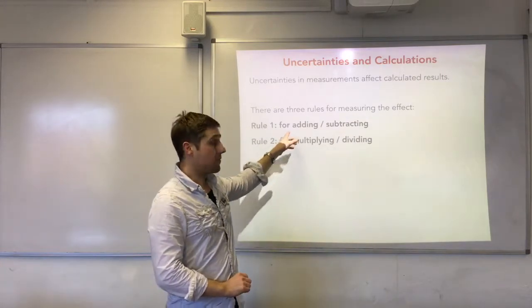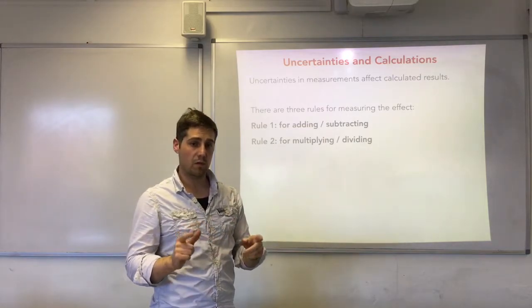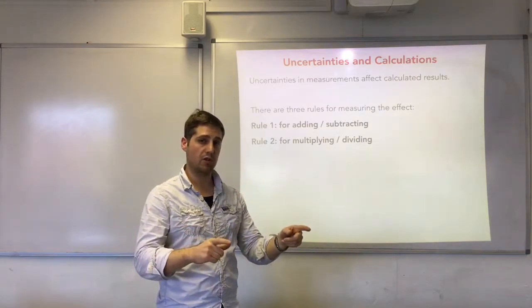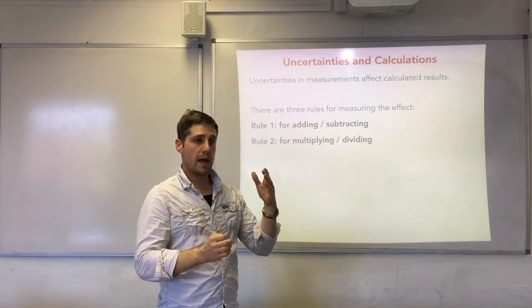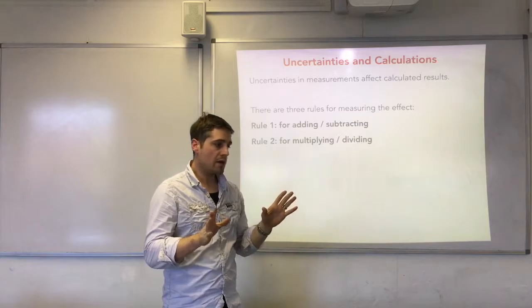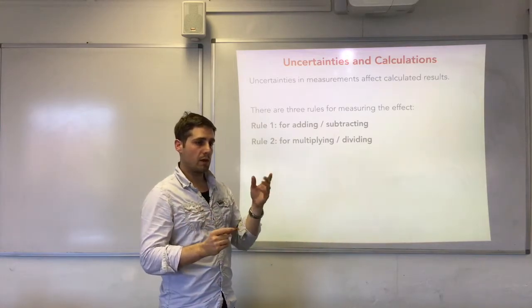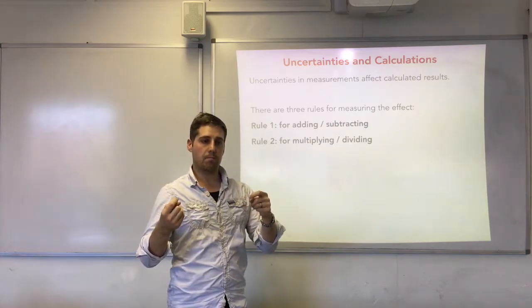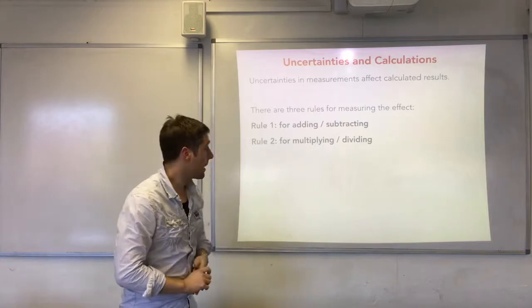And I should say for adding or subtracting, you're going to be using values of the same type there. So you'd be using 2 lengths, 2 temperatures, 2 diameters, for example. So they will be measurements of the same type. You wouldn't subtract a diameter from a temperature, for example.